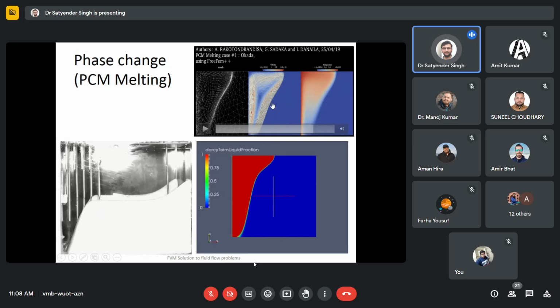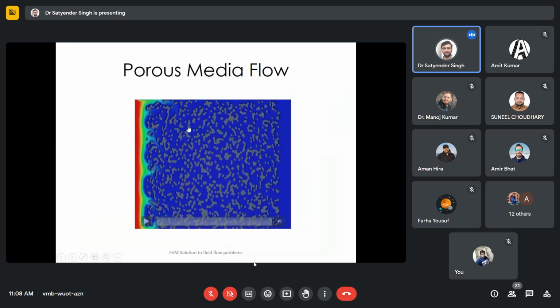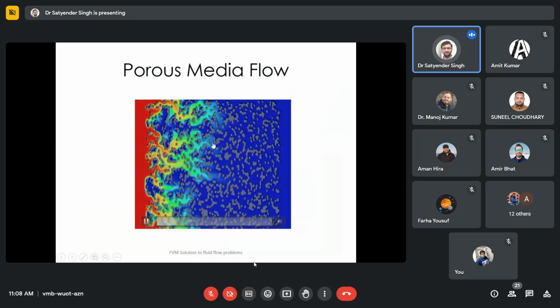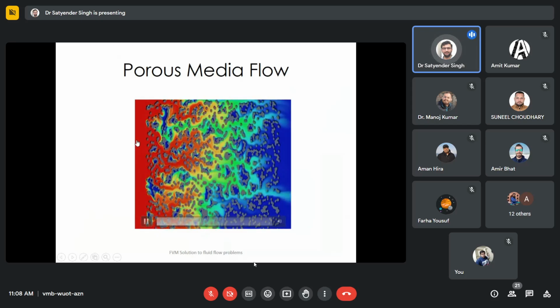Velocity represents what kind of motion is occurring inside because of the density change, and temperature shows the large concentration of temperature because of this motion near the top surface, which is commencing more melting near the top compared to the bottom section. Then porous media flow, generally porous media is used to increase convection, or sometimes this is a similar common problem where we have dams and how much water penetration can occur.